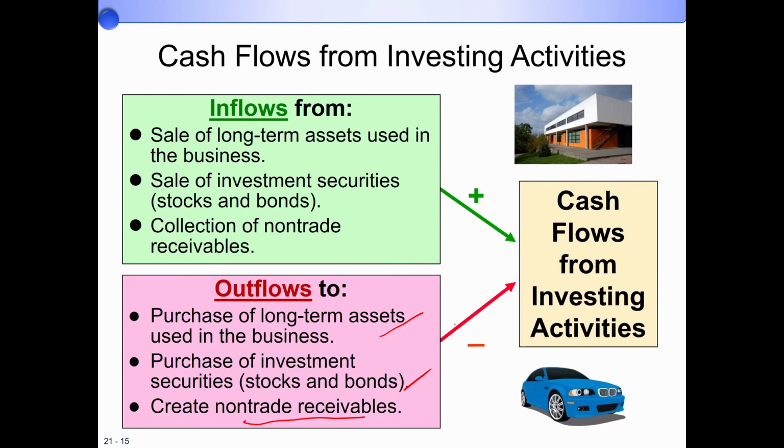When they borrow money, we give them cash and we receive notes receivable. So we debit notes receivable and credit cash. That's why we have cash outflow, but in the meantime we have notes receivable, and that is called non-trade receivables.